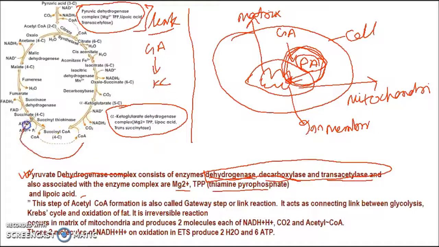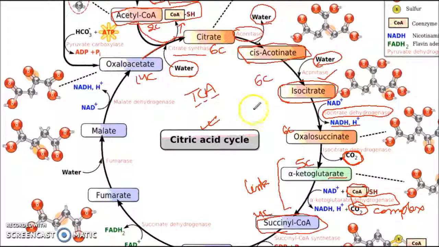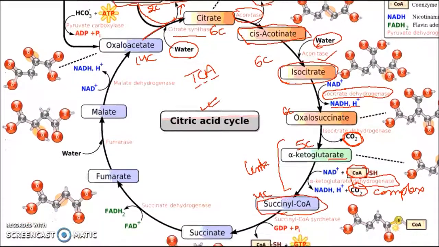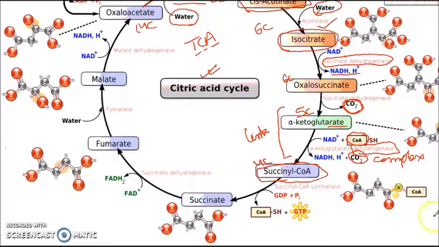In this reaction, in the presence of thiokinase, succinyl coenzyme A is acted on. This 4 carbon compound now has a coenzyme within it, called succinyl coenzyme A. In the presence of GDP and P, it is given GTP, which is the substrate level ATP.